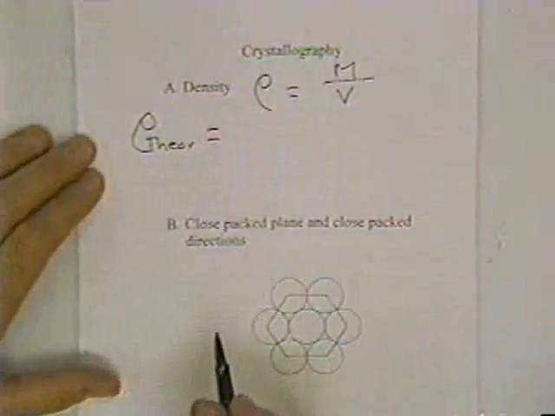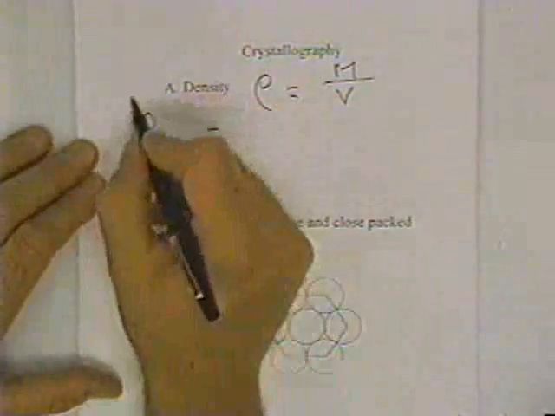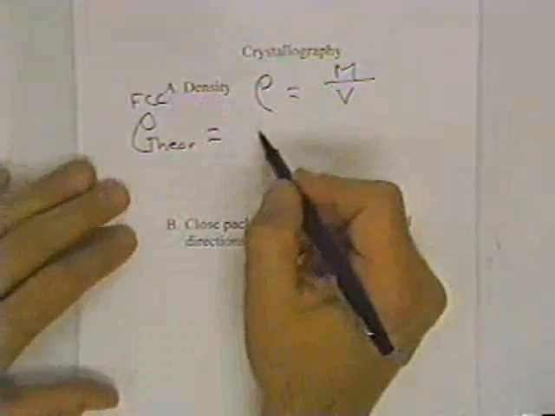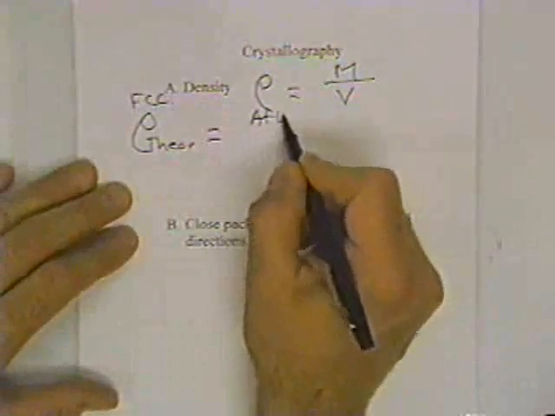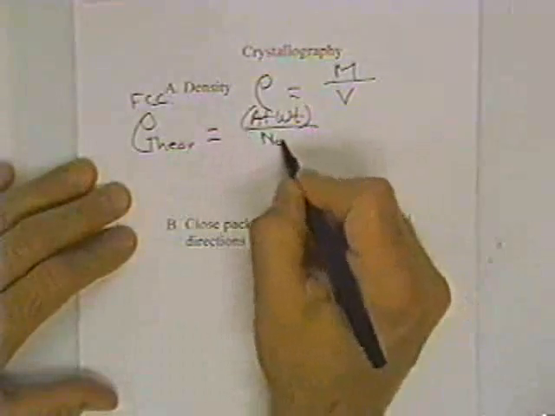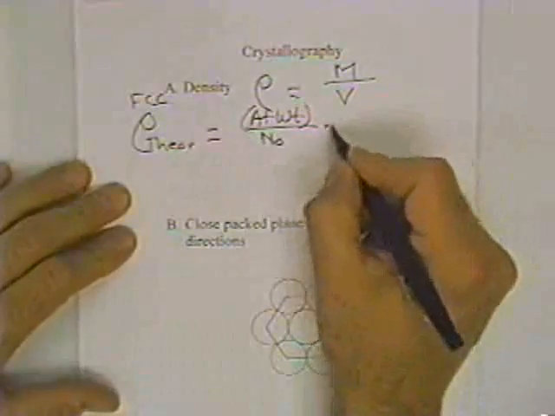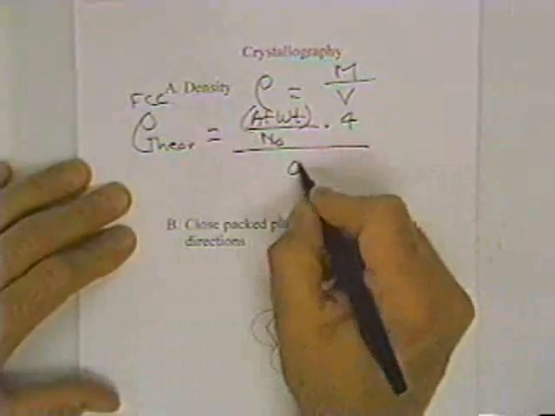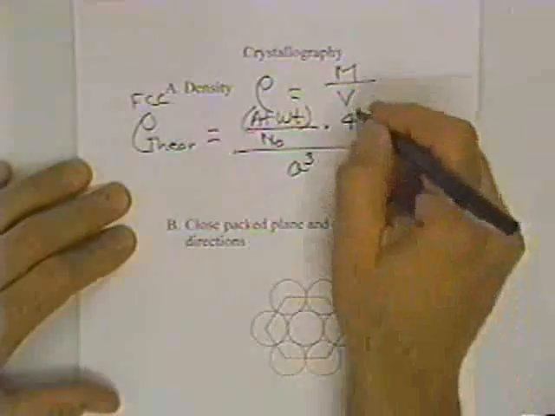Let's do this for a face-centered cubic material. So that's going to be equal to what? The atomic weight divided by Avogadro's number times the number of atoms per unit cell divided by the volume of the unit cell.